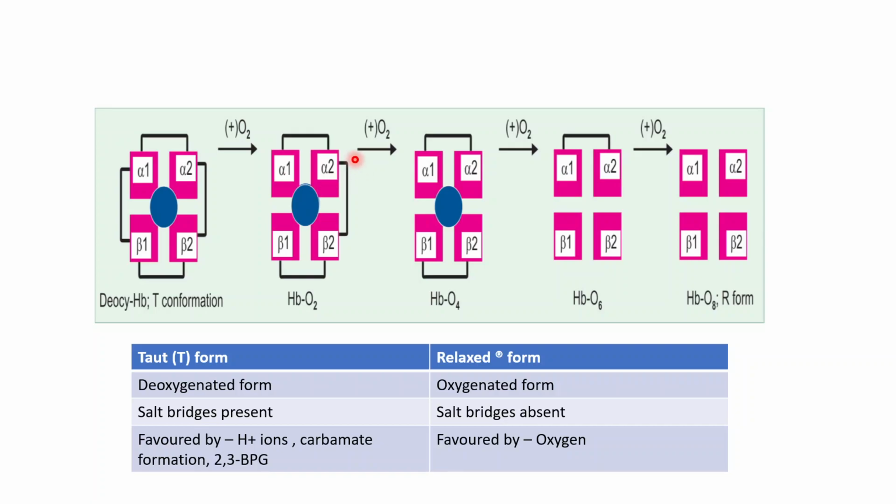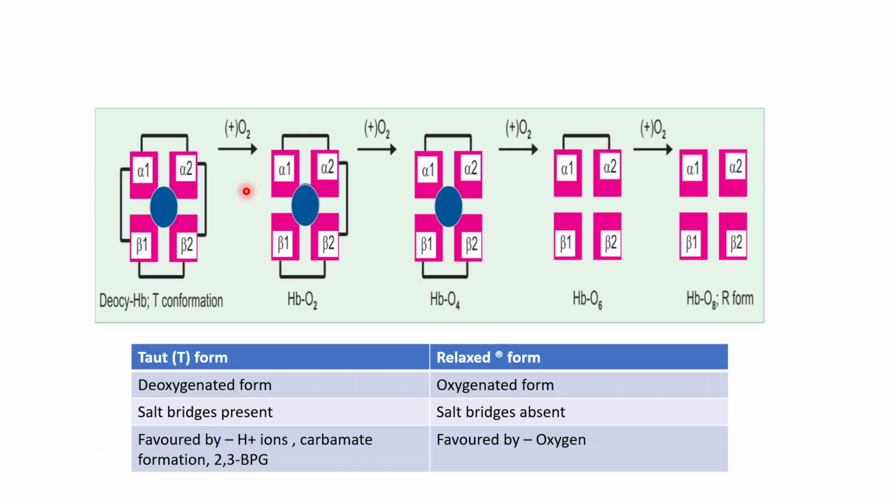So binding of one oxygen molecule favors the binding of other oxygen molecule such a way that the T form is converted to R form. So this type of binding, in which binding of one oxygen molecule favors the binding of other oxygen molecule, is known as positive cooperativity, or positive allosteric effect, which is very, very important.